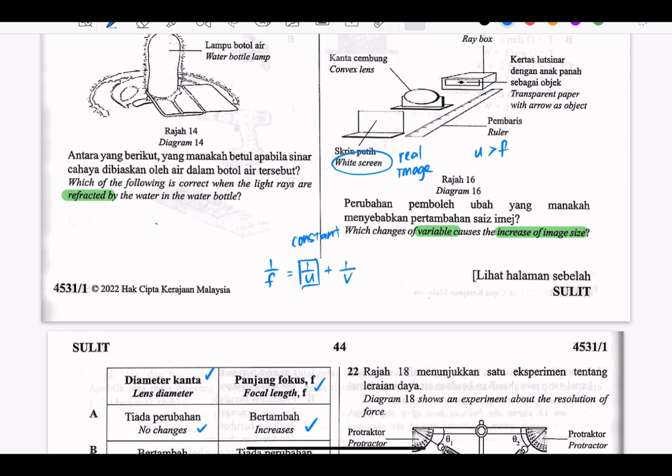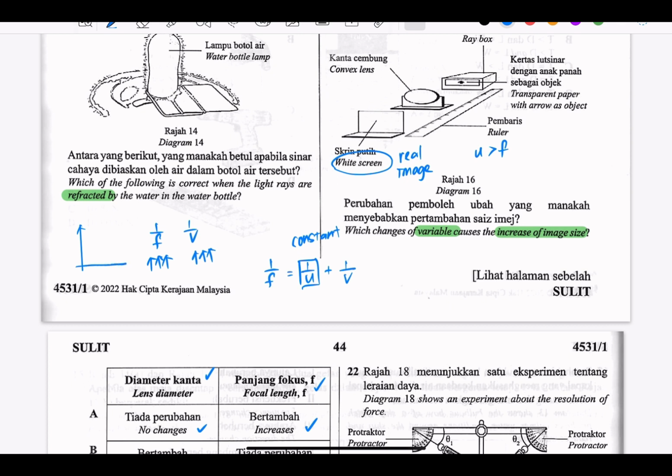Now the relation between the focal length and image distance: when 1 over f increases, 1 over v will increase. The relation is not exactly directly proportional, but it increases linearly.